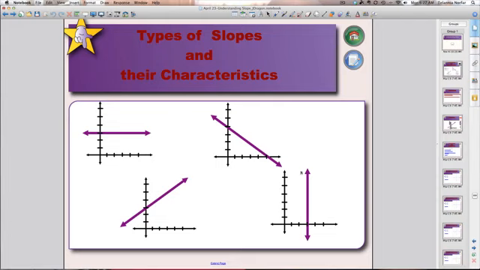Take a moment and pause the video and make sure you write down these particular characteristics of a slope. Unpause the video when you're done. Okay, again, you should have written zero slope, a negative slope, a positive slope, and an undefined slope.